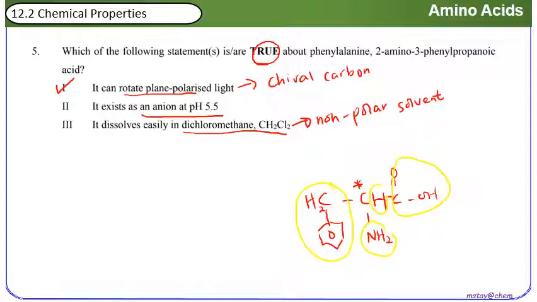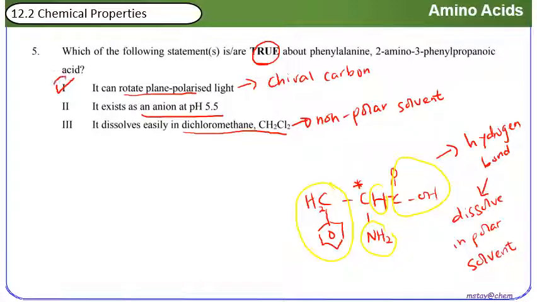So 2-amino-3-phenylpropanoic acid, basically they will be able to form hydrogen bond, which will be dissolved in polar solvent. So option 3 is wrong. So in this case, option 1 is the only correct answer.